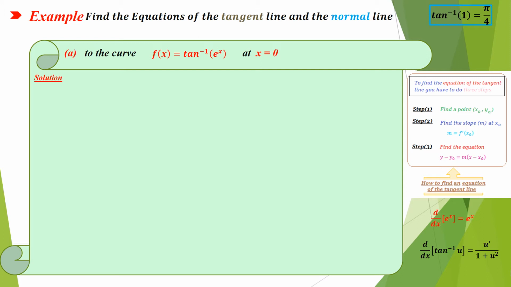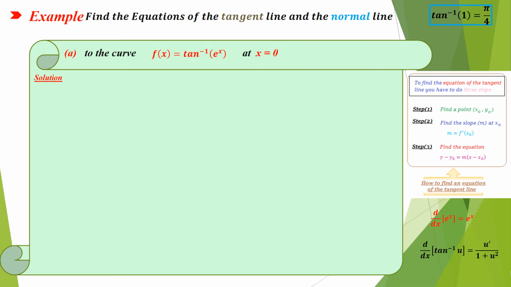So firstly, you have to construct a point. Here in part A, we have the function f of x equals tan inverse of e to the x, and we have x equal to 0. So construct a point by plugging the value of x in the given function.